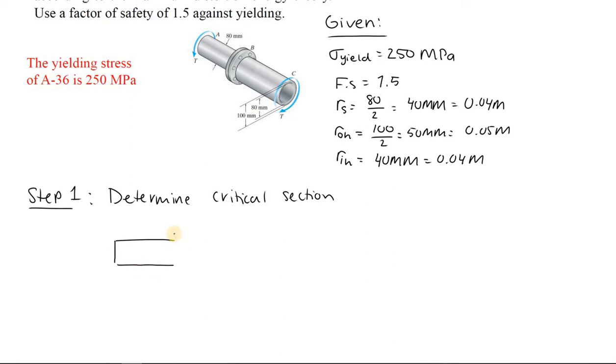So I have my solid section here, my coupling at B, and then I have my hollow section out here. So again, my point A, my point B, and my point C. And I'm going to have an unknown torque acting on this element as such.